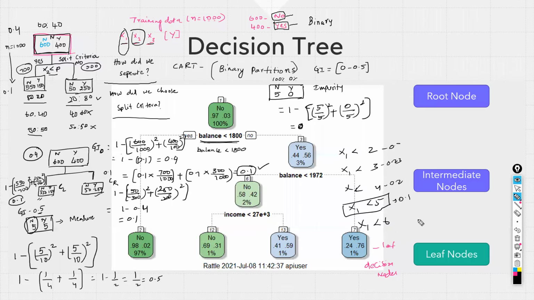Which split within x1 is giving you the highest amount of drop compared to the root node? For the variable x1, it is definitely x1 less than or equal to 5. So within this variable x1, x1 less than 5 is the best split. Now repeat this process with x2.